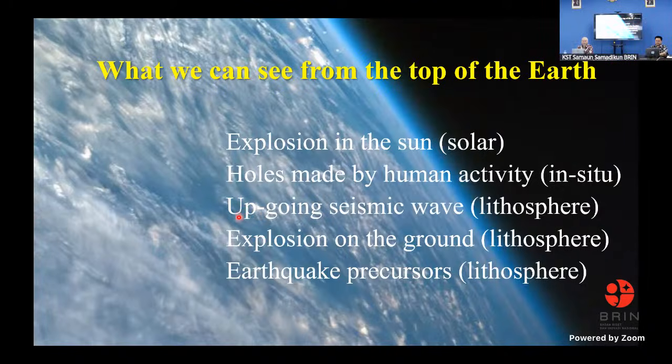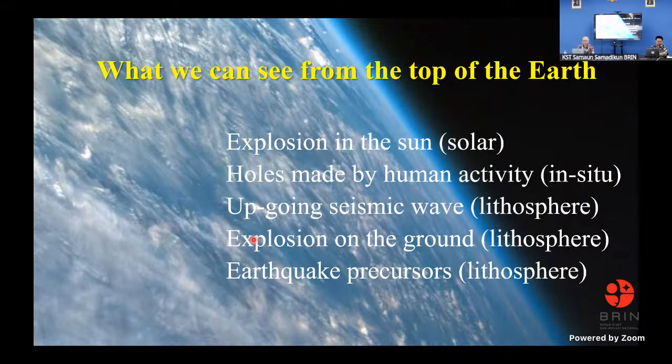Then I'm going to talk about lithospheric phenomena, for example, earthquakes. Earthquakes make waves in the atmosphere and can disturb the ionosphere. Also, there's an explosion on the ground, for example, a volcanic eruption.